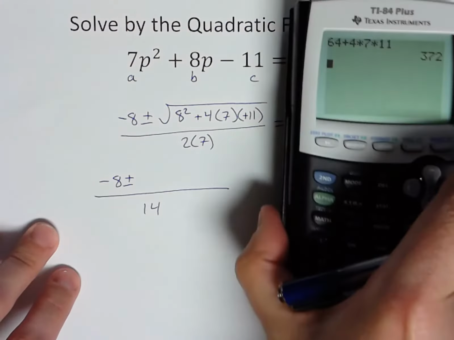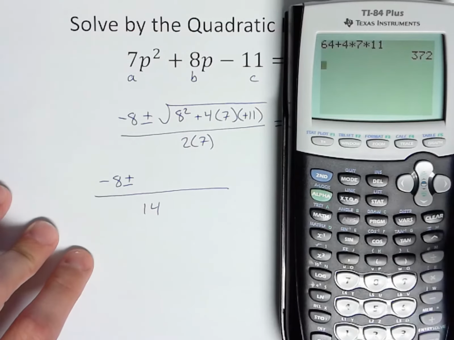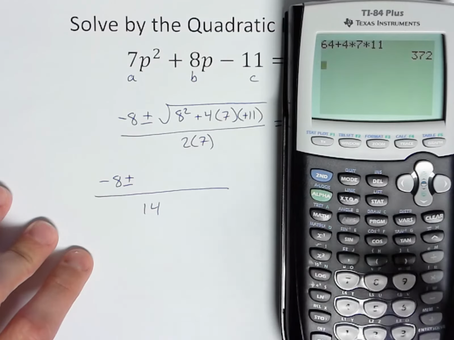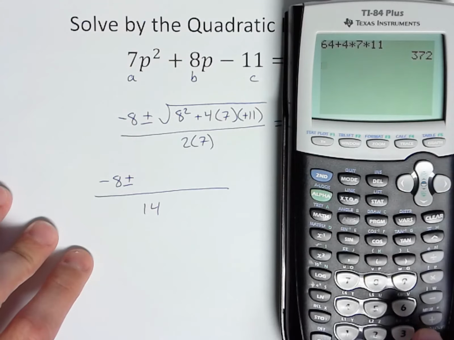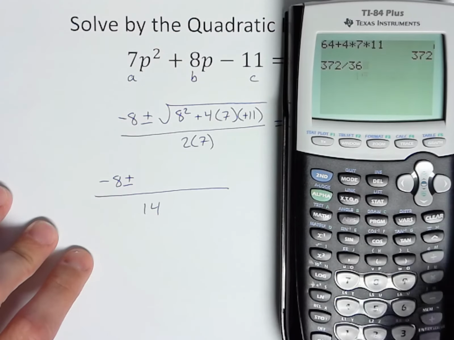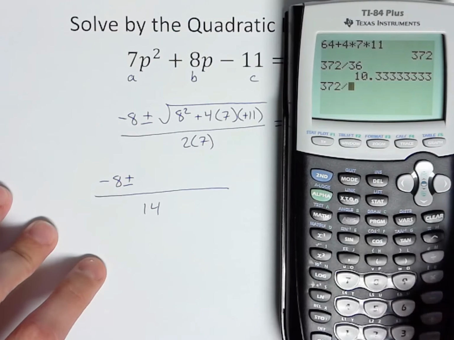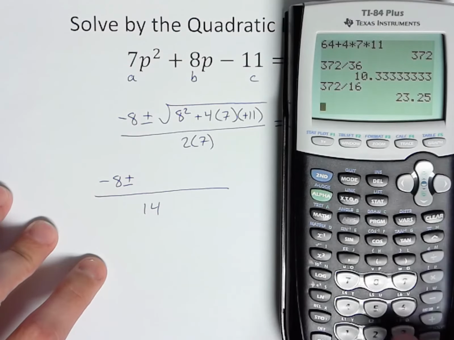Let's maybe see if we can pull something out of that. Some calculators will just simplify radicals for you. Normally I just plug it in to save time. But let's see, 372 divided by 36. Okay, that one didn't work. 372 divided by 16. I'm just trying some perfect squares here, right?